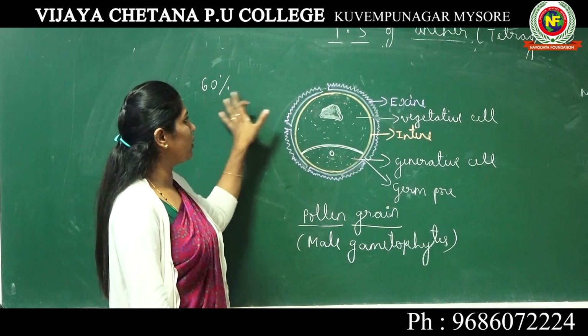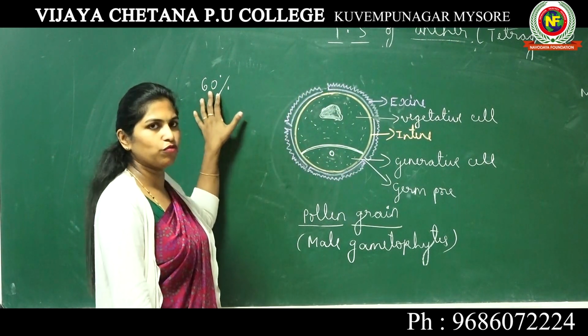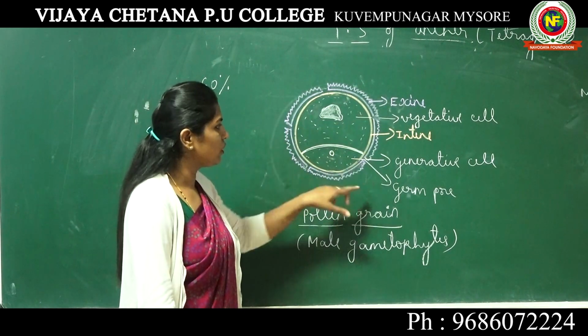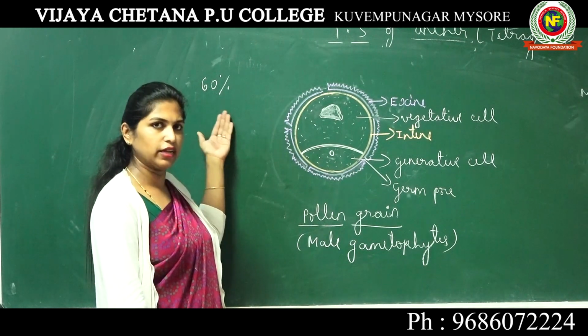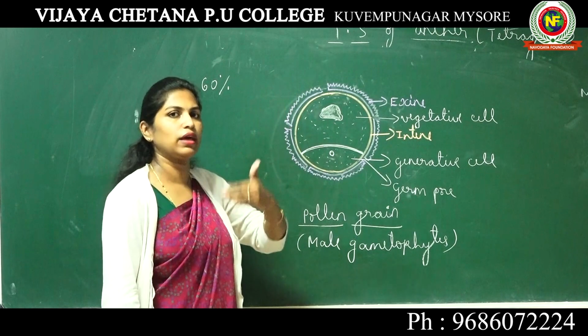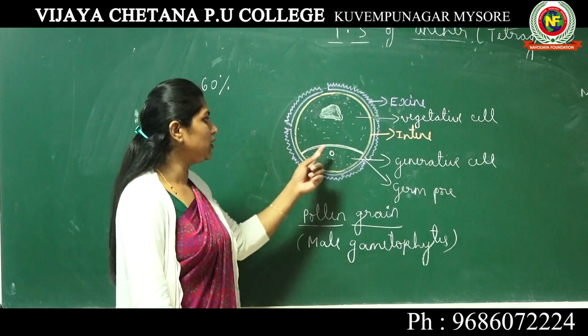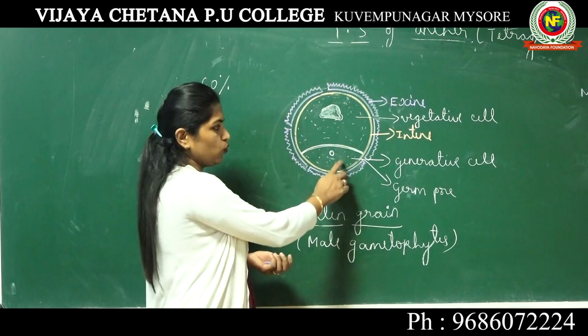Generally, pollen grains are released from the anther in 60% of angiosperms in this two-celled state. However, in the remaining 40% of angiosperms, the pollen grains are shed, that means released out of the anther, at the three-celled stage.